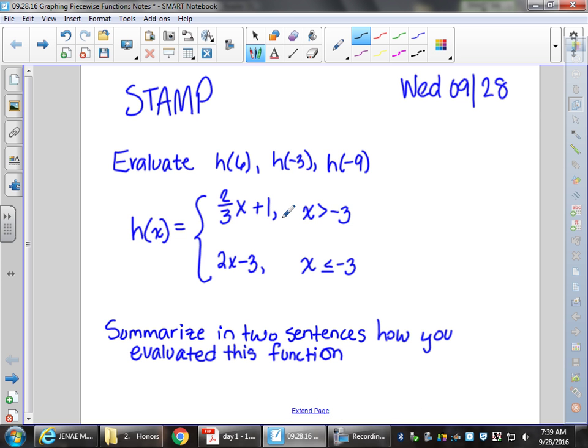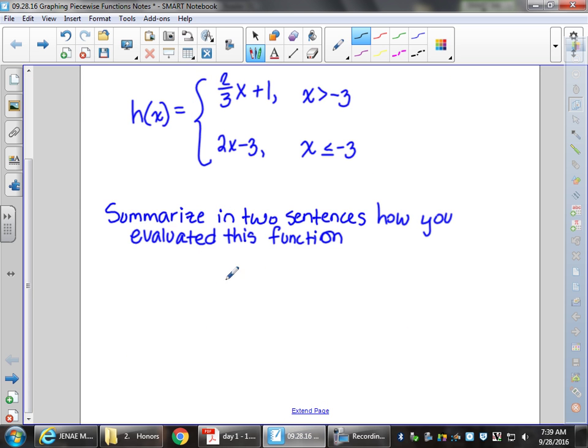Which function did you use, the first or the second? Very good, because 6 is clearly greater than -3. So h of 6 equals 2/3 times 6 plus 1. Remember, pencils down for this. Make corrections after.